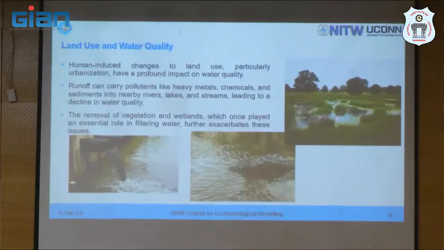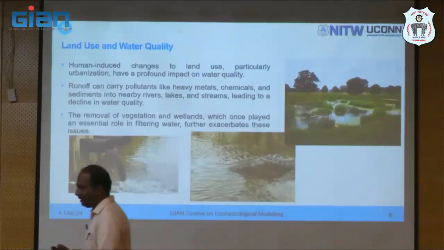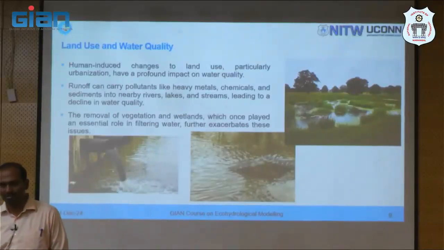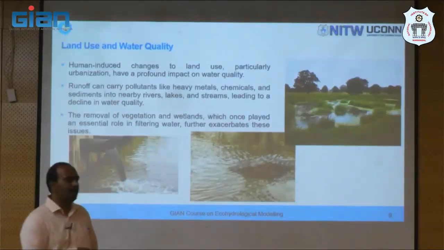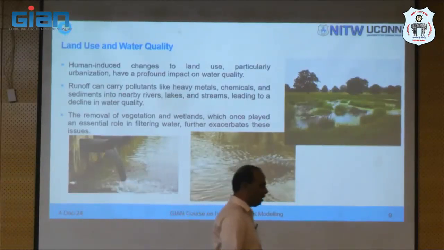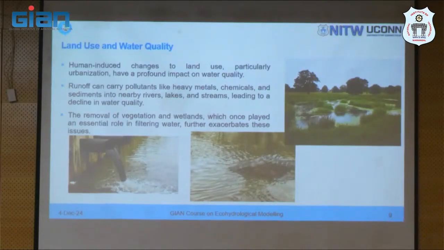So, these wetlands, which were initially playing a role in filtering the water as well as controlling the flow of water, right. Much of these wetlands acted like flood buffer zones. They were reducing the flooding impacts, but are now not there, resulting in more frequent or more intense flooding in the urban areas, right.